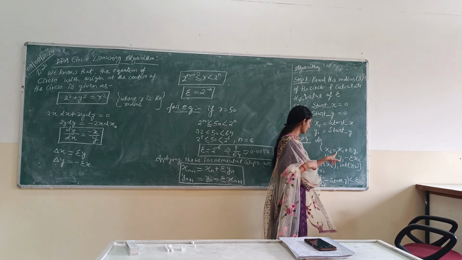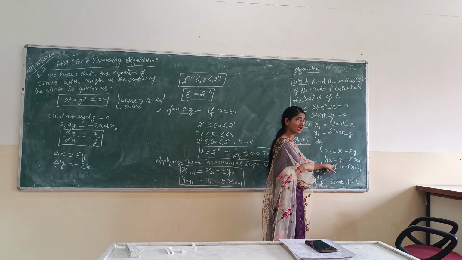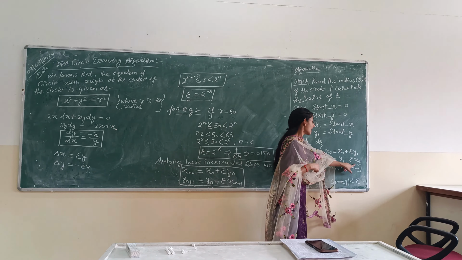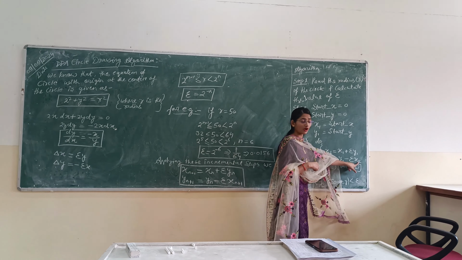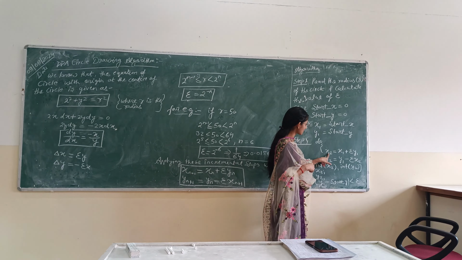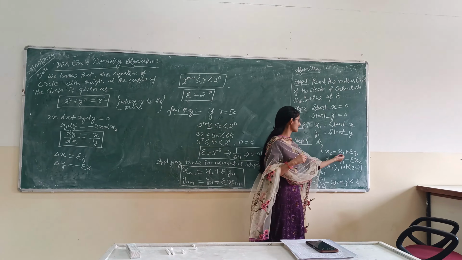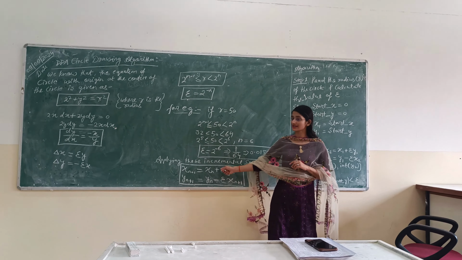Guys, please concentrate on this step. I'm talking about this step: y2 is equal to y1 minus epsilon x2. I already told you that x2 is also called x n plus 1, and x1 is equal to the x n value.